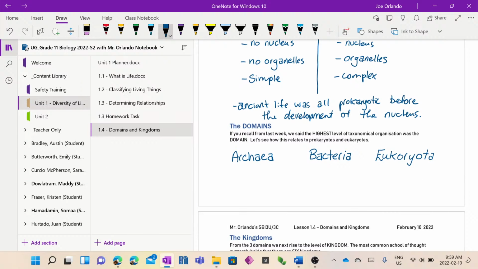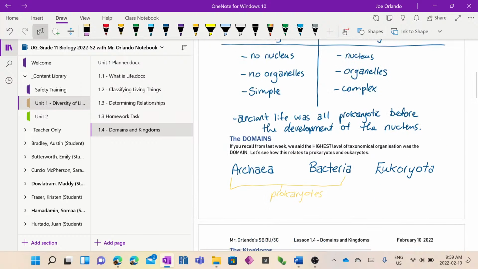Got it. Okay. So, can you guess, of these three domains, which ones are prokaryotes? Very good. These are prokaryotes. And the eukaryotes obviously are the eukaryota. Very good.